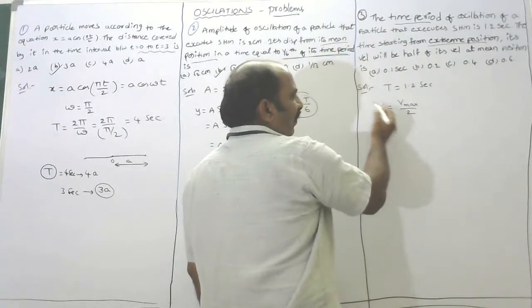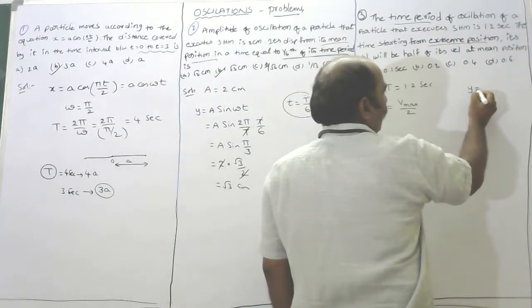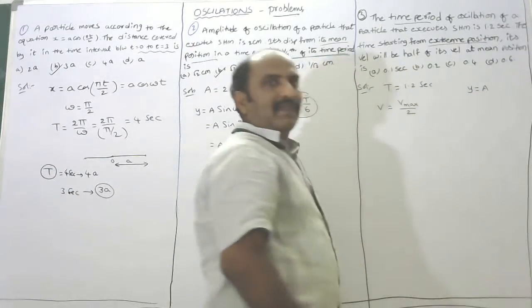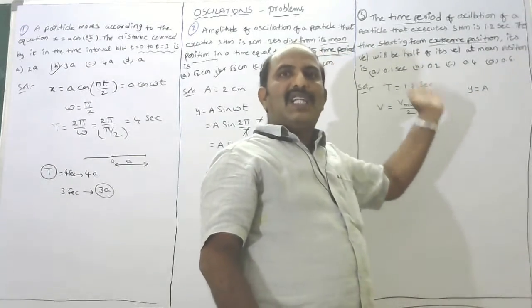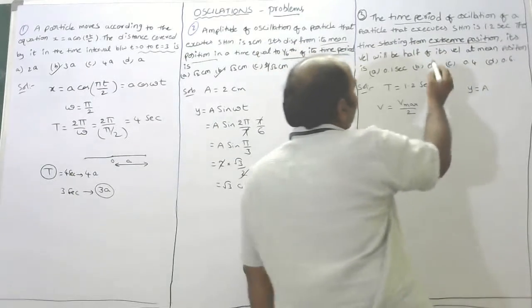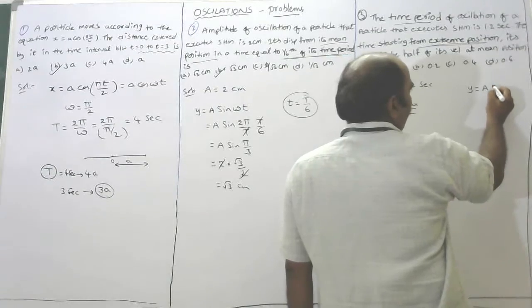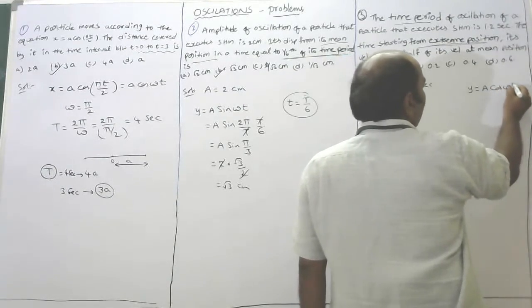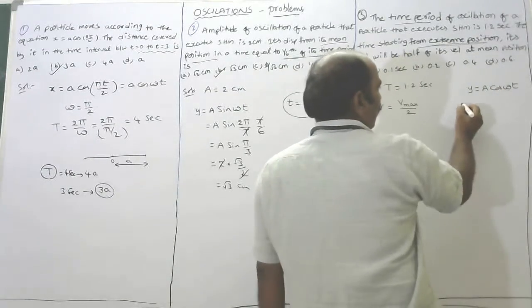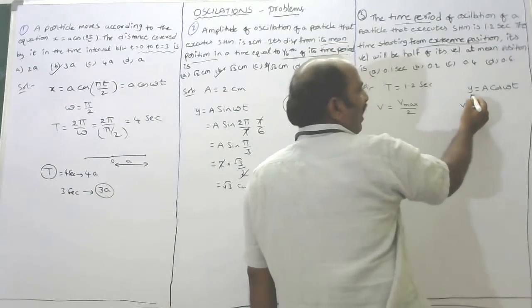Here what is the value of v? You know y is equal to a into sin omega t, where the particle starts from mean position. But here the particle starts from extreme position. Then we write y is equal to a into cos omega t. From this we write v value is equal to dy by dt.